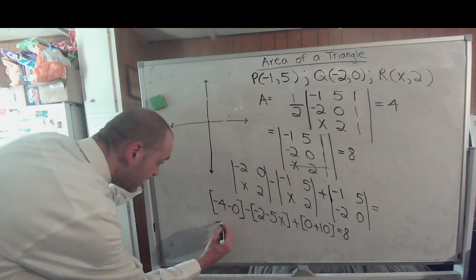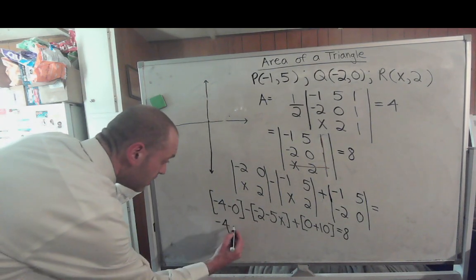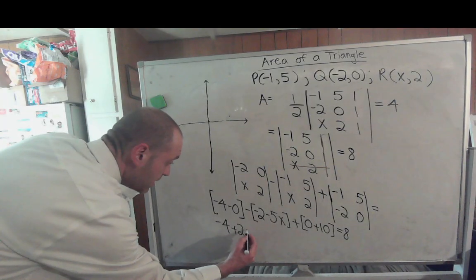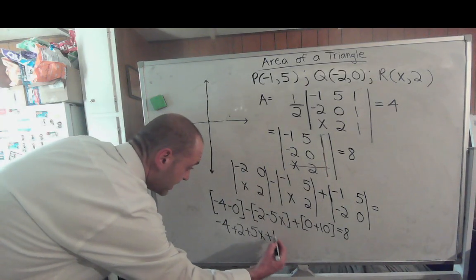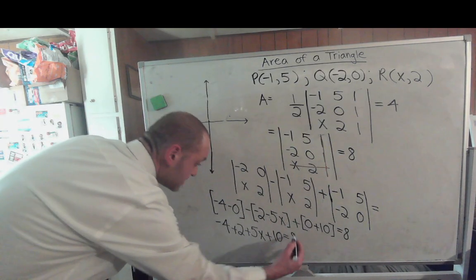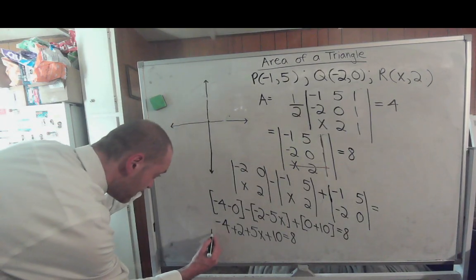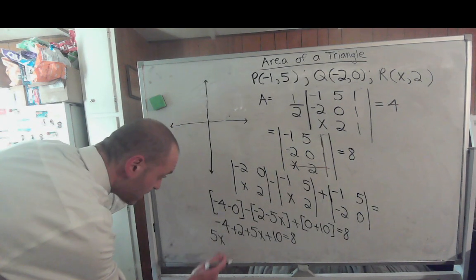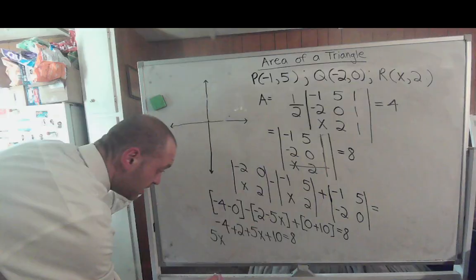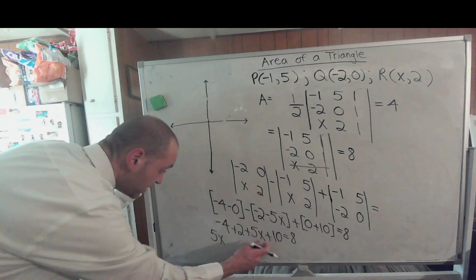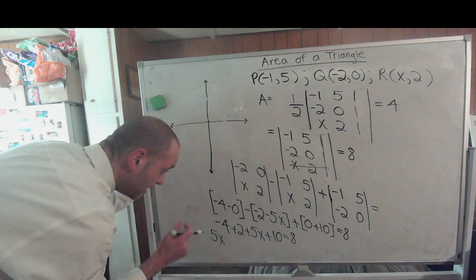So we should end up getting -4 plus 2 plus 5x plus 10 equals 8. -4 plus 2 is -2, plus 10 is going to end up being 8.